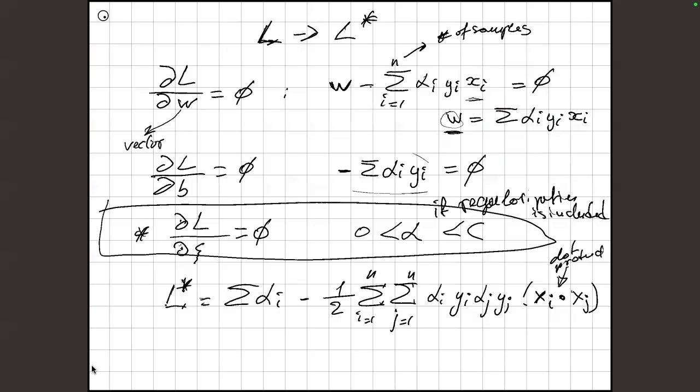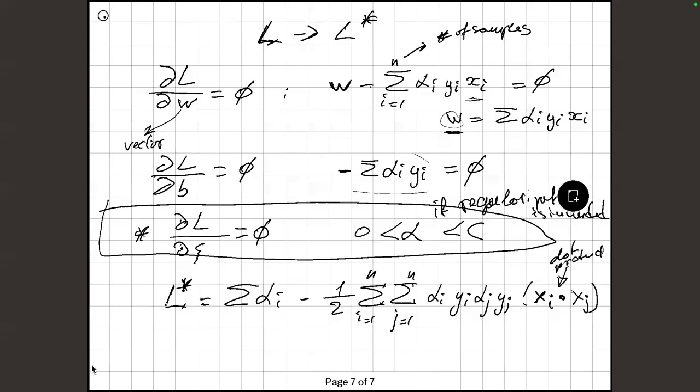When you solve it, you determine these alphas, and most of the alphas will be 0, very small numbers, and only a few numbers will be larger than 0. And it is exactly those vectors that become support vectors. So that's coming back to what you asked before.